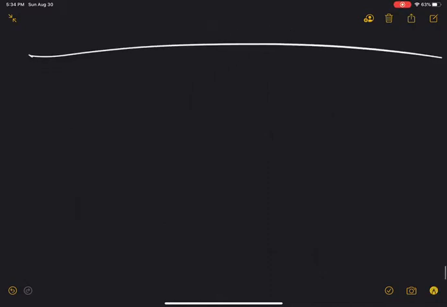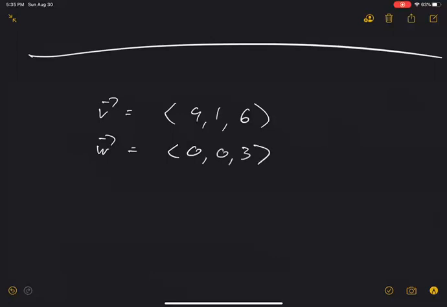Let's see one more example where the numbers don't work out as nicely. Let's do V equals 9, 1, 6, and about W is equal to 0, 0, 3. How about that?